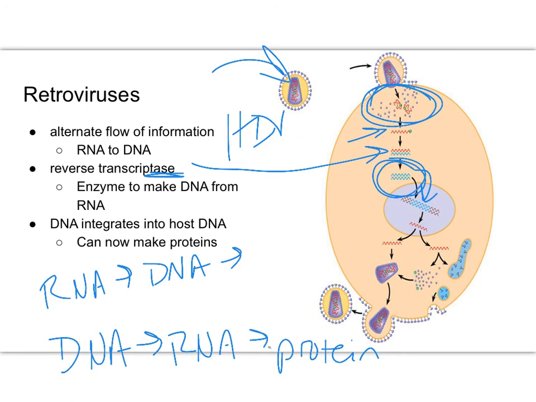And now the host cell is going to go through its normal processes to make proteins for this virus. When it transcribes its own DNA, it will transcribe that viral DNA. And now that new viral RNA can go through and do translation and make the proteins for the new virus.